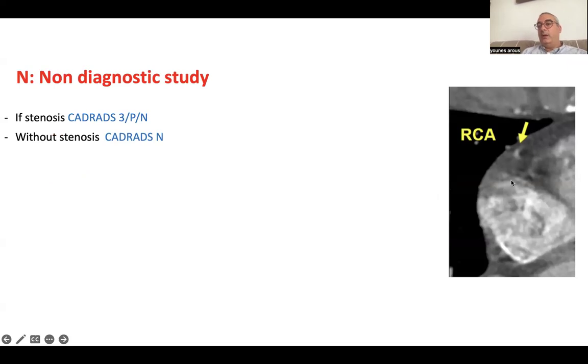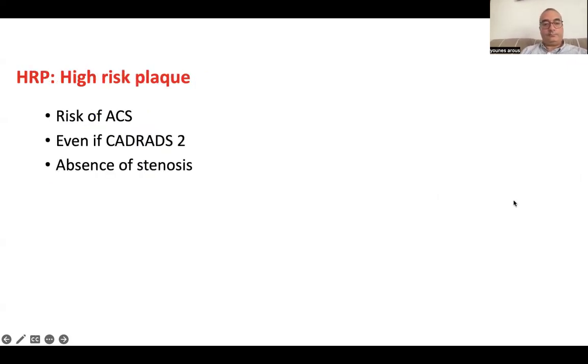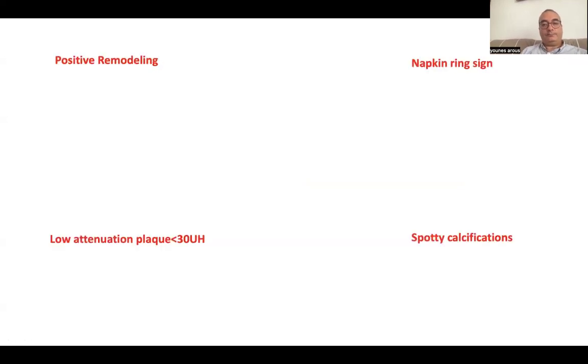We see here the second segment of the right coronary artery, which is very difficult to assess. For the high-risk plaque, we know that there is a high risk of acute coronary syndrome, even if there is no significant stenosis, even if the patient is classified CADRATS 2, we can add a high-risk plaque to our classification.